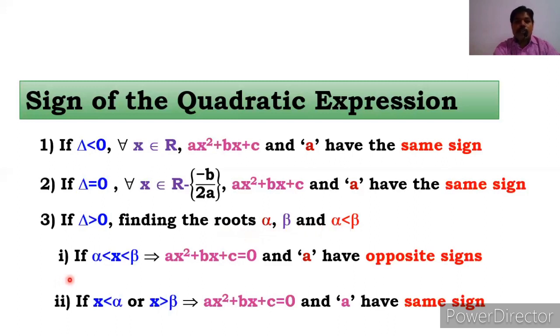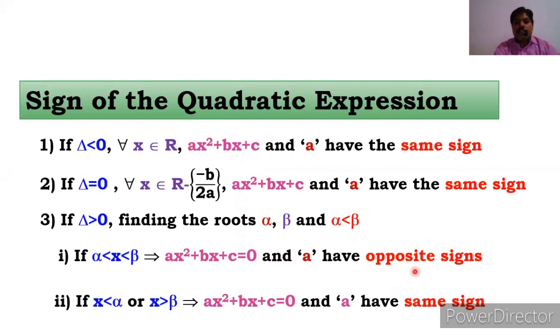Here two cases exist. The first case is if alpha is less than x less than beta, then ax square plus bx plus c and a have opposite sign. If x is less than alpha or x is greater than beta, then ax square plus bx plus c and a have the same sign. Out of all these conditions, you have to observe that only one case is there.